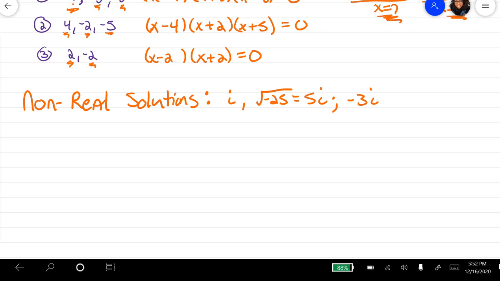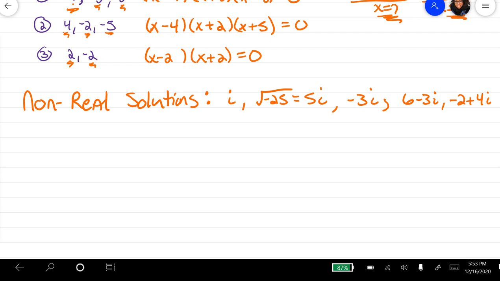And those complex numbers were those combinations where it was a constant and an imaginary number. So it could have been something like 6 minus 3i, something like -2 plus 4i, etc. These would be examples of complex numbers.